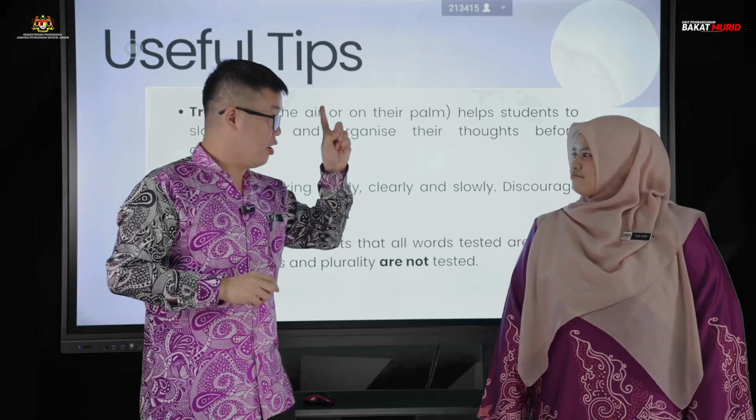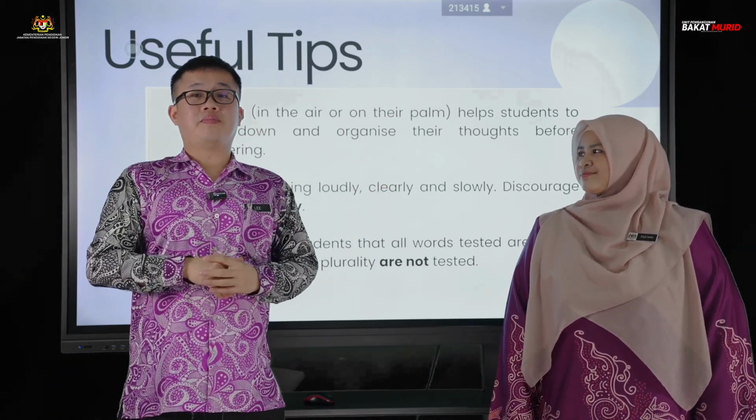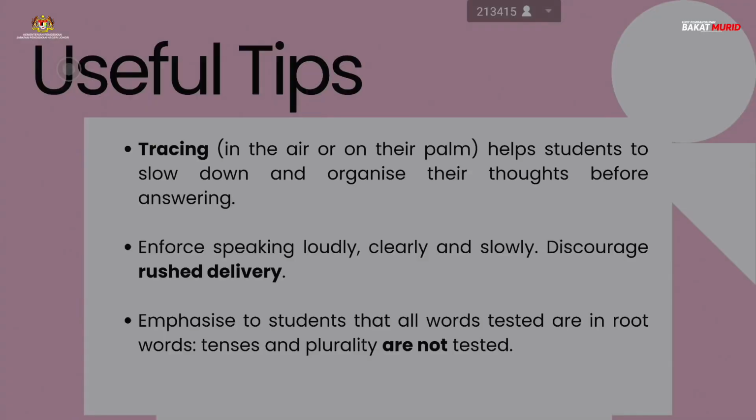It indirectly forces them to slow down and to consider their answers, because as you know, only one chance. Again, ask them not to go too fast. Don't rush. Letter by letter. B-A-T-C-H. Batch.